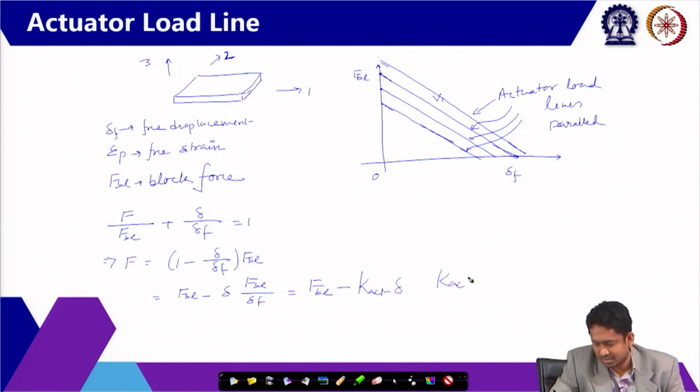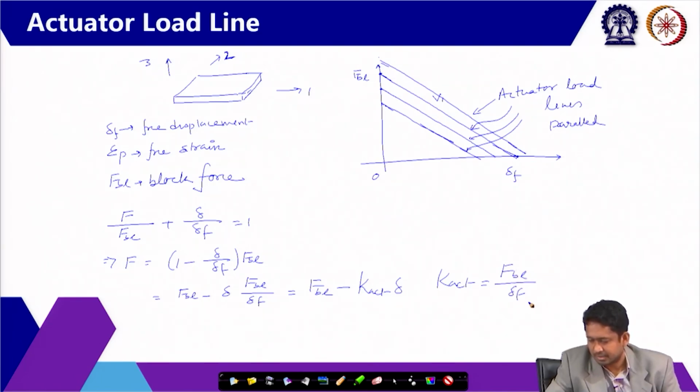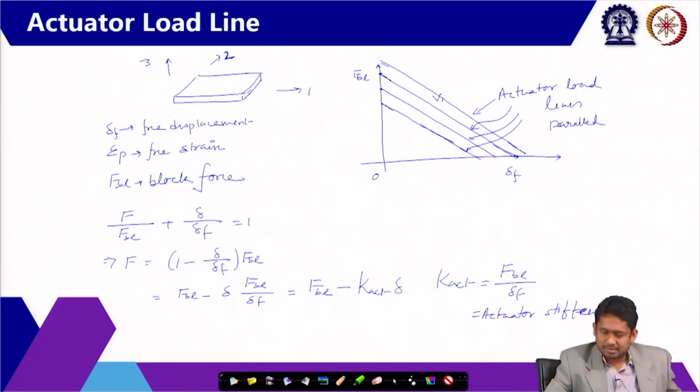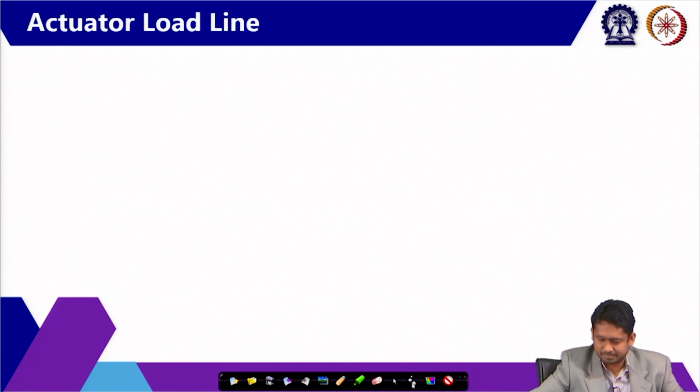So, K act is called actuator stiffness, which is the slope of the actuator load line, straight line. Now, we will talk about impedance matching, a very closely related concept.